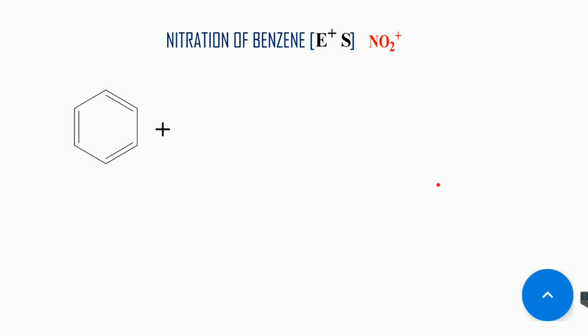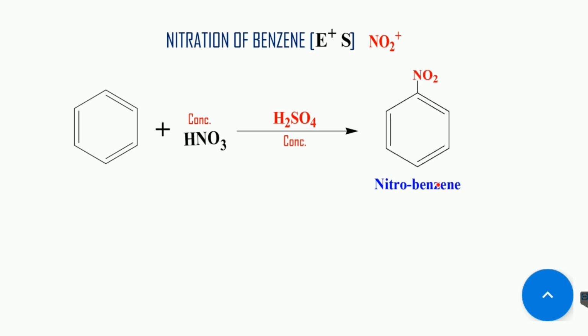It will react with concentrated HNO3 in presence of another acid, concentrated H2SO4, that is sulfuric acid, and finally we get our desirable product, nitrobenzene, along with a water molecule. So this H2SO4 acts as a catalyst in this reaction, that is nitration of benzene.